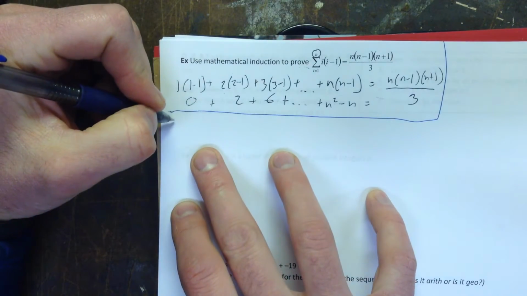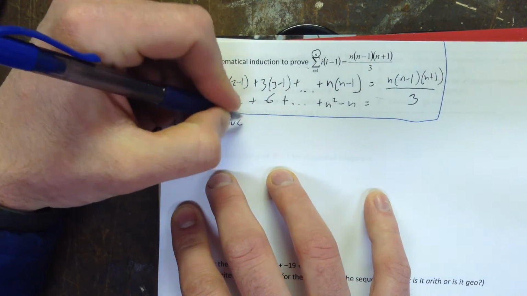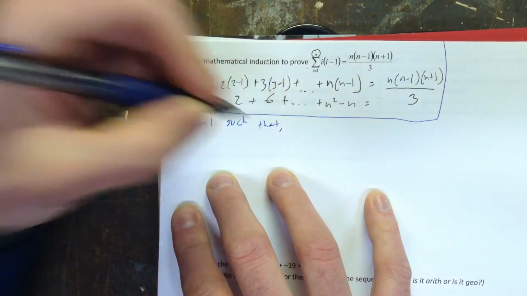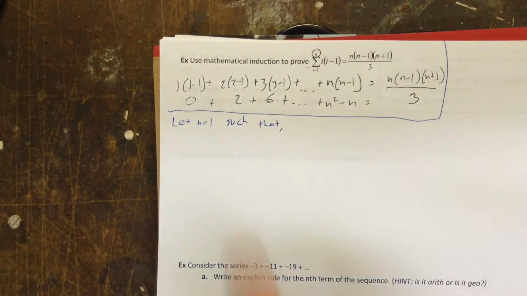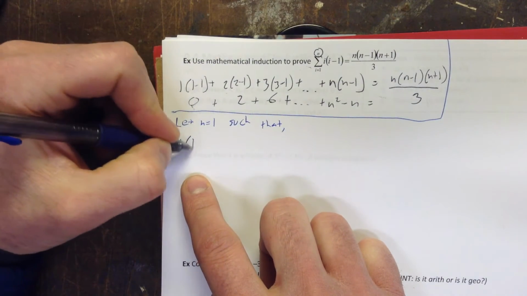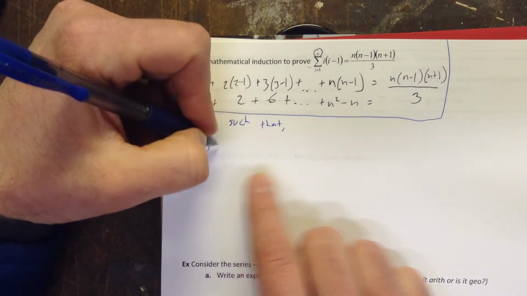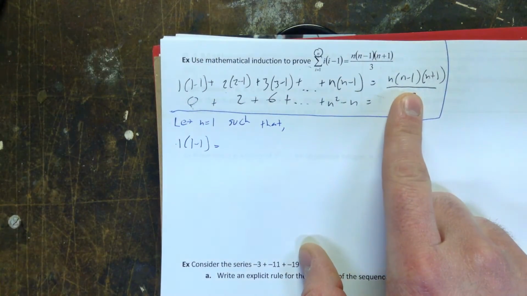So the first one is let n equal 1 such that, which is the cue that you are going to now start showing some work. Over here we're going to use our 1 term, which is 1 times 1 minus 1, or you could just cheat and use the 0. And then over on the right side, this is where the most important part is going to be.